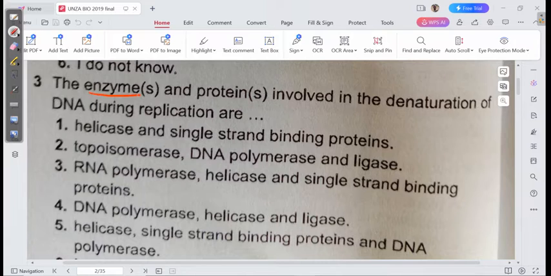If you have understood the enzymes involved in DNA replication, you'd agree with me that we only have one set of proteins regarded exactly as proteins, and that is single-stranded binding proteins. So for enzyme, it has to be helicase, and for proteins, single-stranded binding proteins. Hence, option 1 qualifies as the correct option.